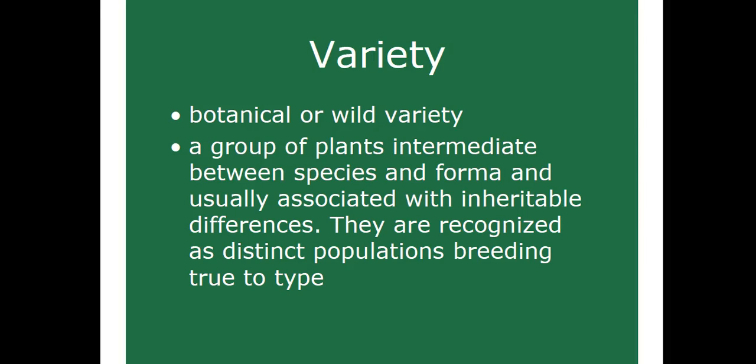And the big thing here is that varieties in nature are recognized as distinct populations that breed true to type. Oftentimes, these natural varieties do give way to cultivated varieties when they are propagated and released in cultivation. However, what we see often with varieties is that they have somehow mutated, changed in nature, and then somehow continued to breed that mutation.